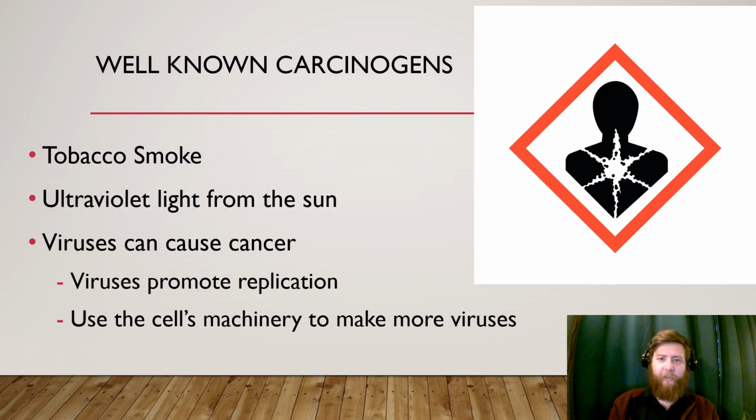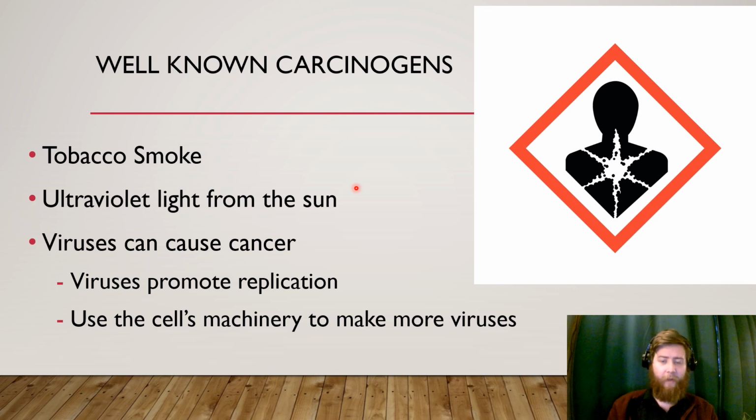Some well-known carcinogens, if you're in the workplace, this signal here means that whatever you're dealing with, whatever liquid or dust or gas, is a known carcinogen, and that inhaling, ingesting, or coming in contact with it has the ability to potentially mutate your DNA and cause cancer. But ones that we know are tobacco smoke, ultraviolet light from the sun. This is where you always wear sunscreen.